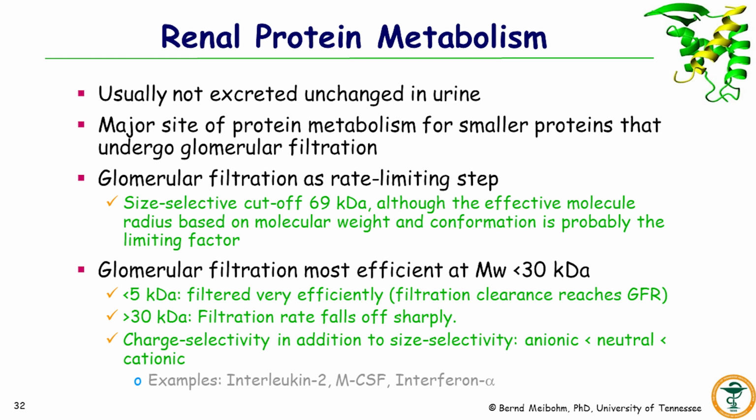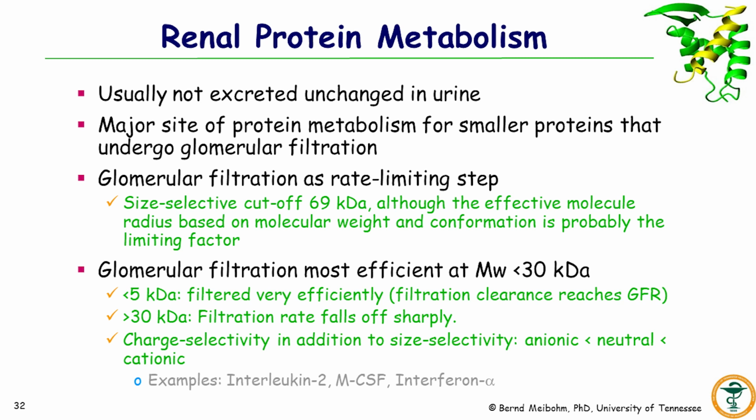Now, the kidneys can also contribute to the elimination of therapeutic proteins, but not as for small molecules by excretion, but rather by metabolism. So therapeutic proteins are usually not excreted in unchanged form in urine, and if that occurs, this is usually a pathologic condition.